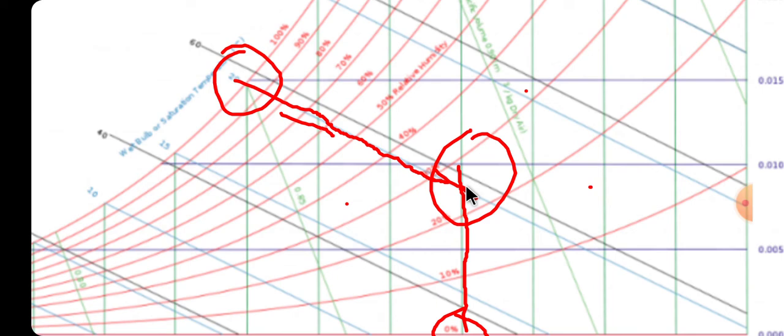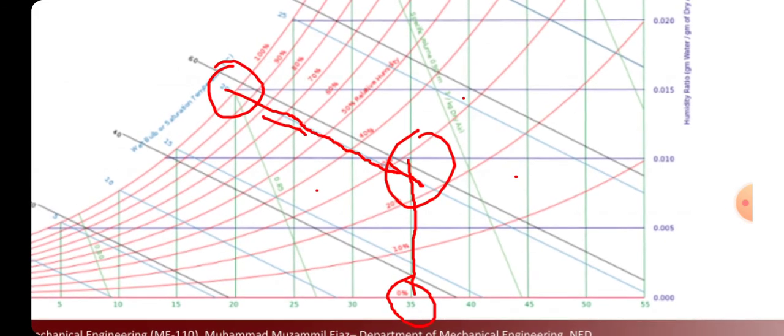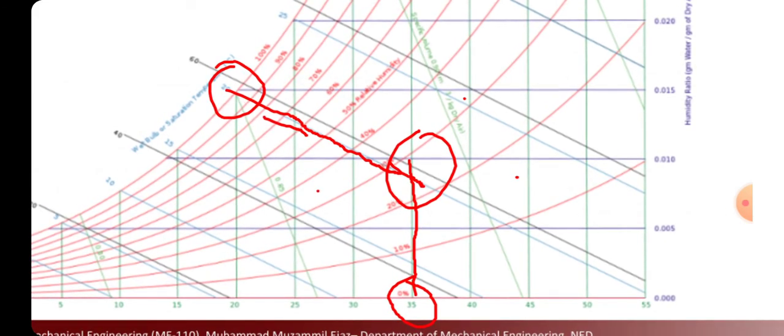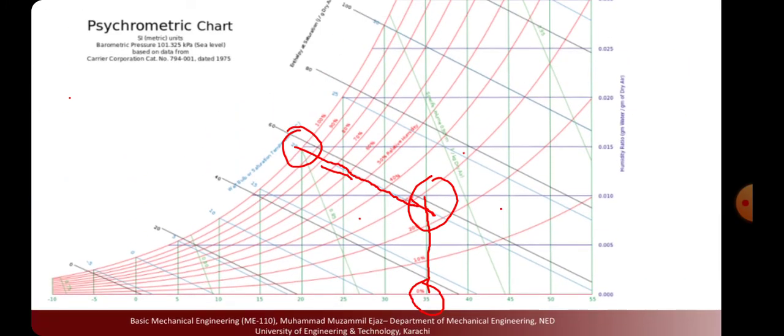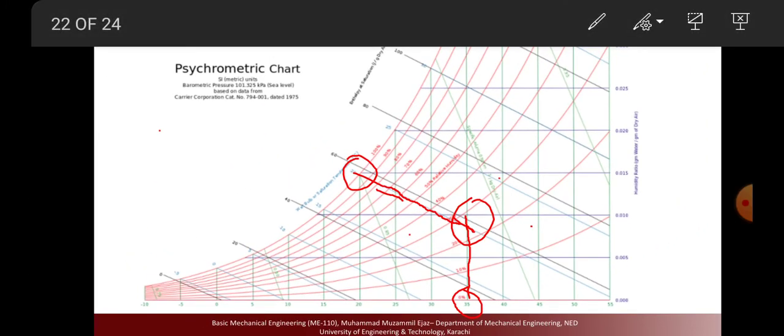But what is basically the comfortable zone of the air? We already know that the comfortable zone is around 65 to 40% relative humidity and 23 degrees centigrade dry bulb temperature. So if we need to go into our comfortable zone requirement, it will be here.